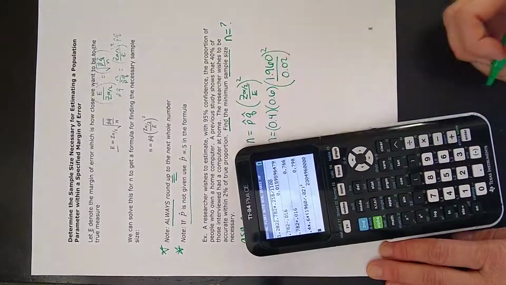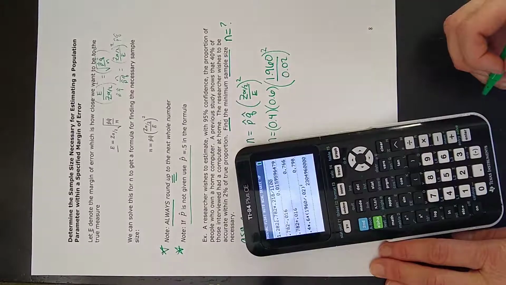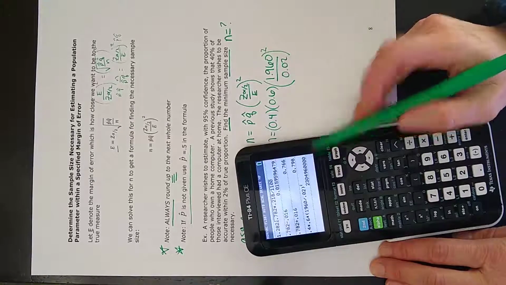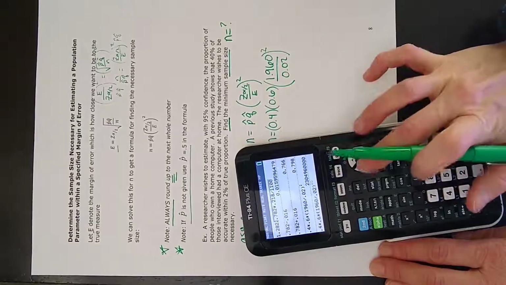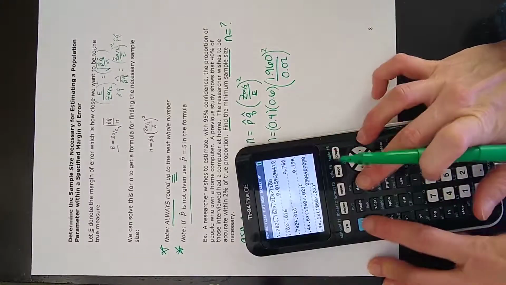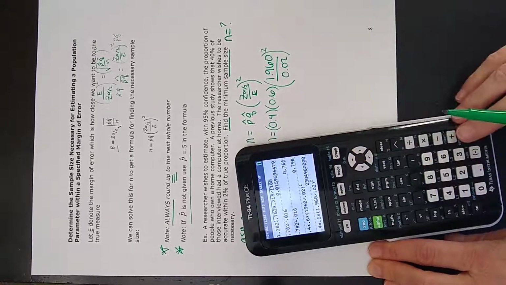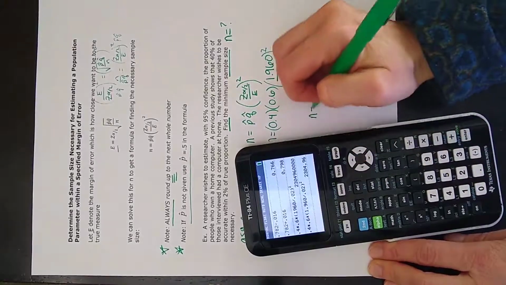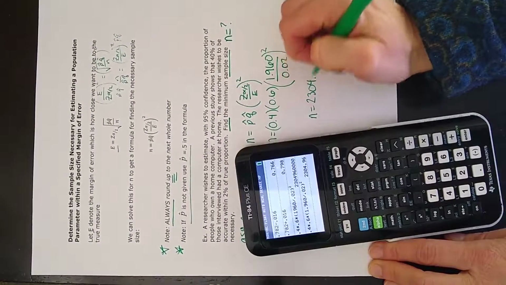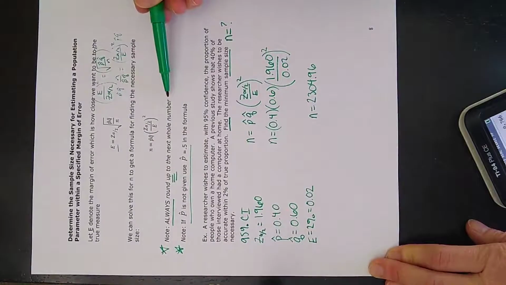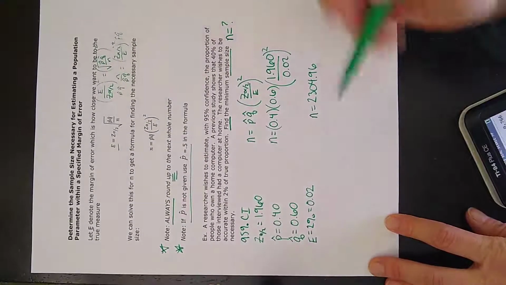Okay, so the n, whoa, what did I do wrong? Do you see it? I didn't put in this decimal. That's pretty big. 1.960. Okay, so my n is 2304.96. So what's my sample size? I'm always rounding up.